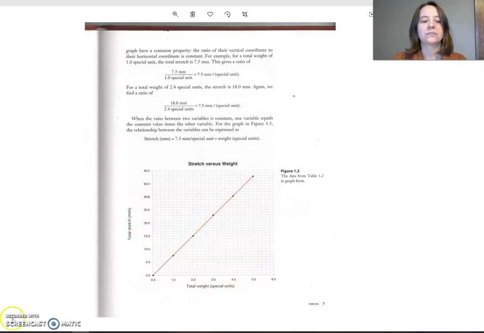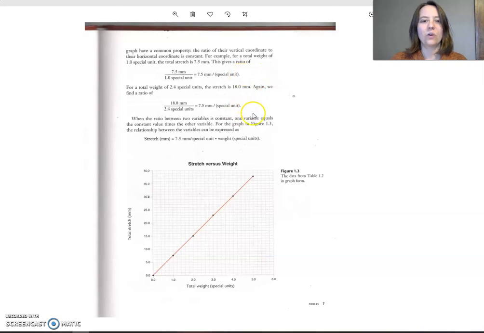For a total weight of 2.4 special units, the stretch is 18 millimeters. Again, we find the ratio of 18 millimeters over 2.4 special water weight units is 7.5 millimeters per special unit, which is the same as up here.